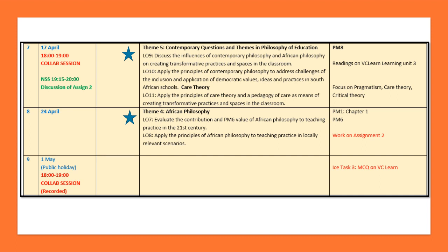Theme 5 carries a lot of weight in the assignment, so I want you to do that so that in our collaboration, I can talk to you about that. And in our NSS, we'll touch on some of the bases. You do need to know African philosophy, but it's a small part of the assignment. That is why I swapped those two around.